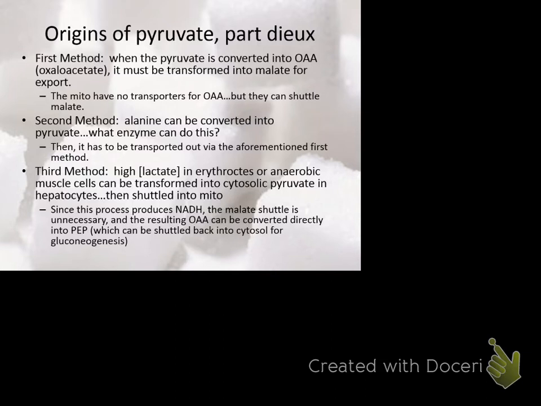Oxaloacetate can't. You need some out here. You need some in here. Okay? And so the way to do that is this first has to be transformed into malate, which I'm just going to put as mal. And likewise, mal can then go all the way across to form oxaloacetate.